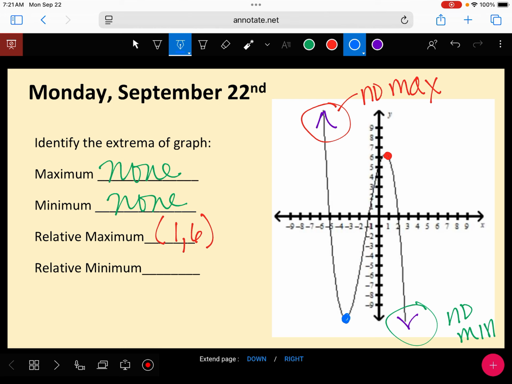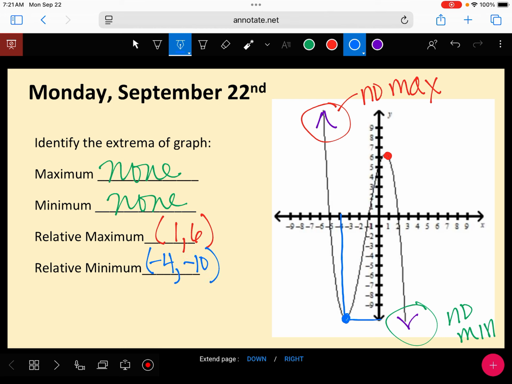I would say what, negative, you said -4, -10? Yeah. It's a little bit off the chart. That sounds about right.